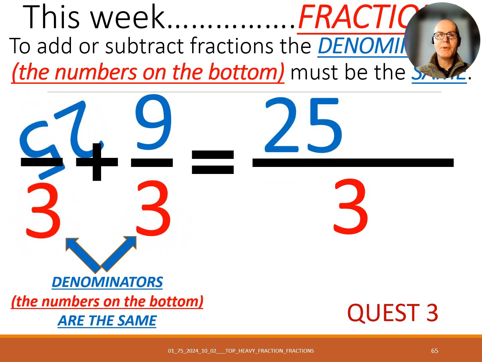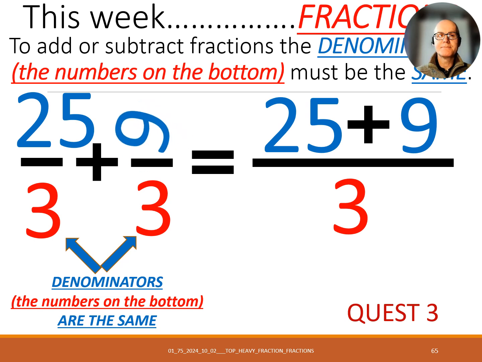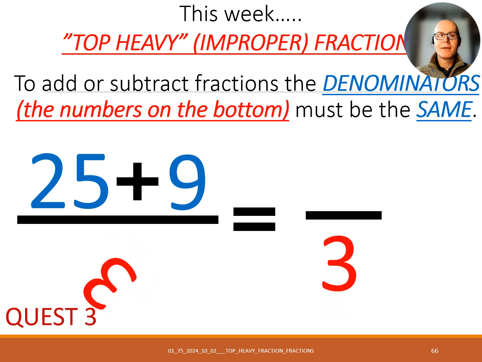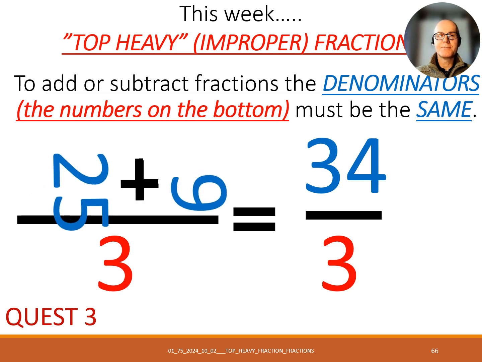On the top, the numerator, we have 25 plus 9. 25 plus 9 is 34. 25 thirds plus 9 thirds is 34 thirds.